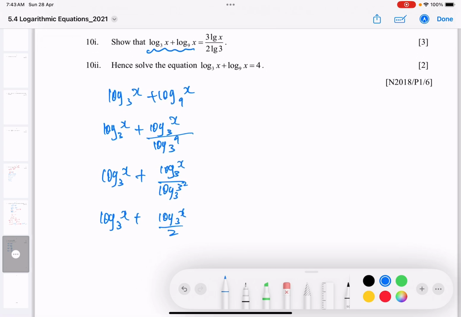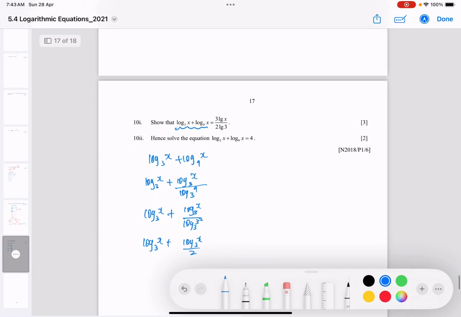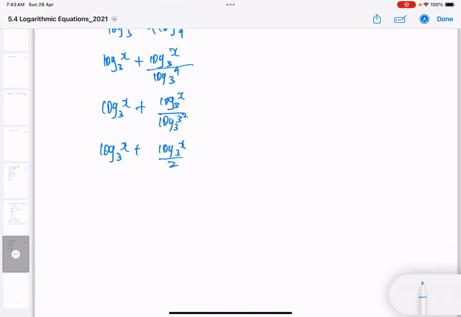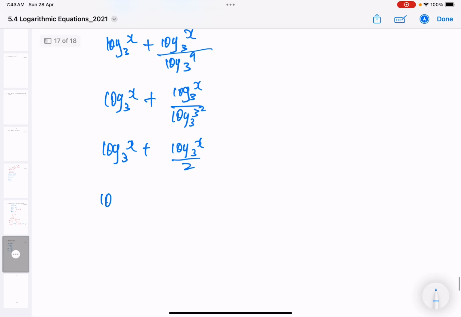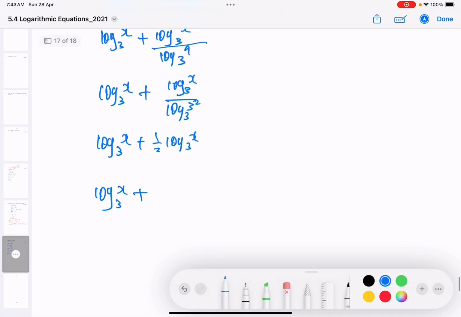Okay, next thing, I'm going to combine this. So I'm going to get log 3 of x plus this half over here, which can be pushed back up.